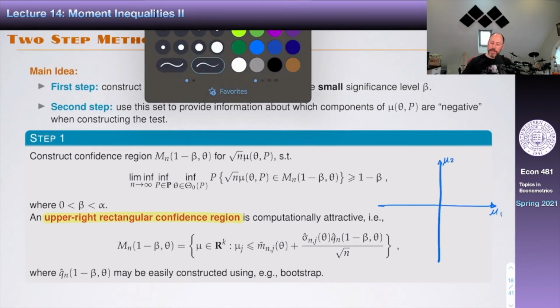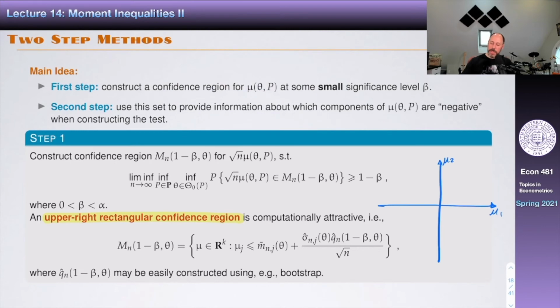An upper right rectangular confidence region is going to be something that looks like this. That's the upper right rectangular confidence region.